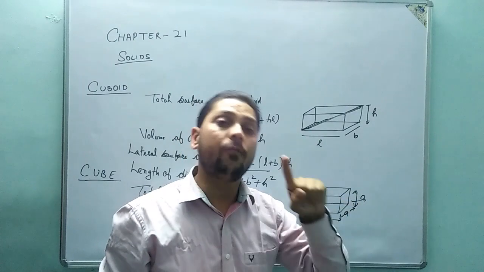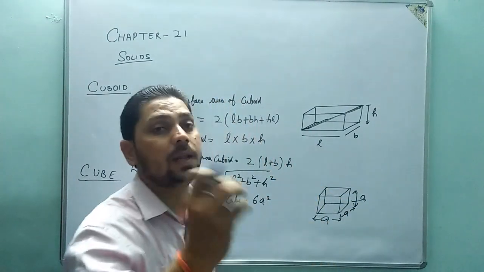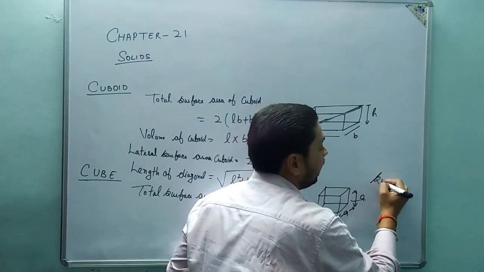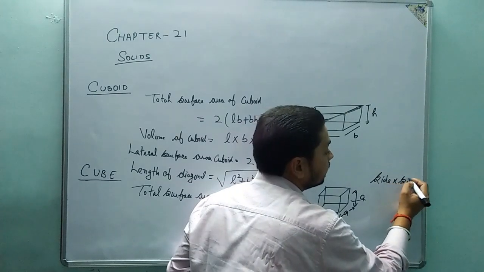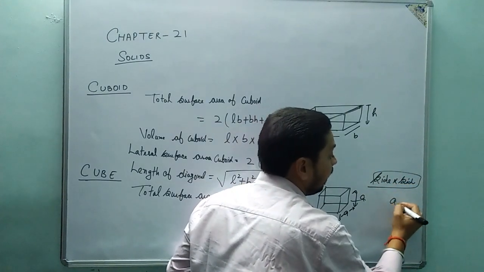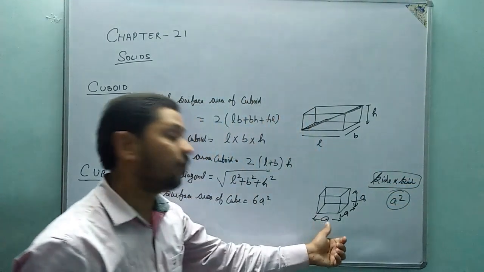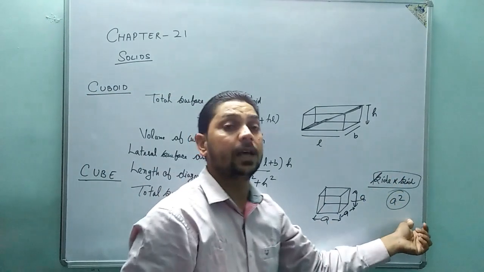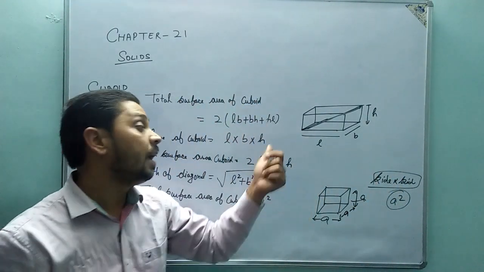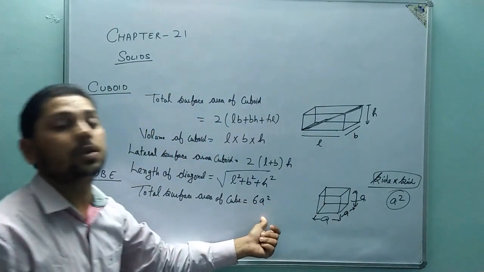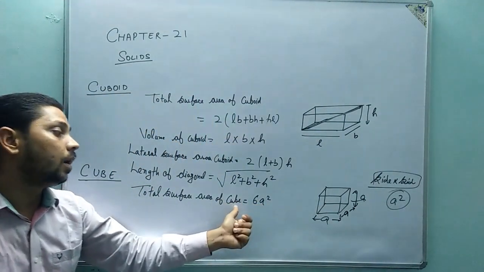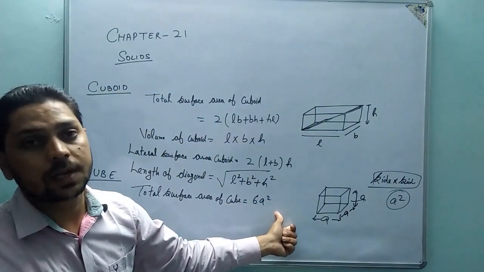What is the area of one square? The area of one square is side multiplied by side, that is a square, if a is the side. And there are 6 faces. So the total surface area of the cube will be 6a square.